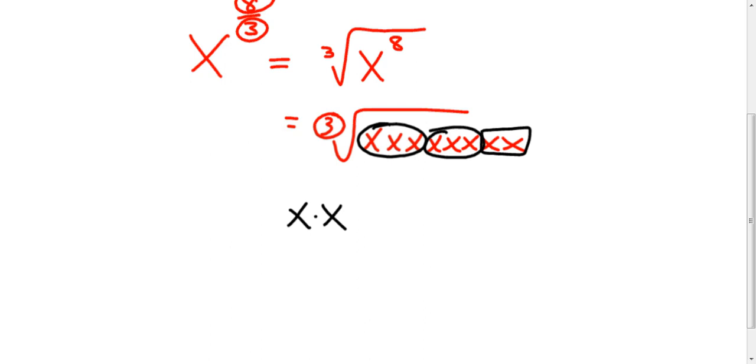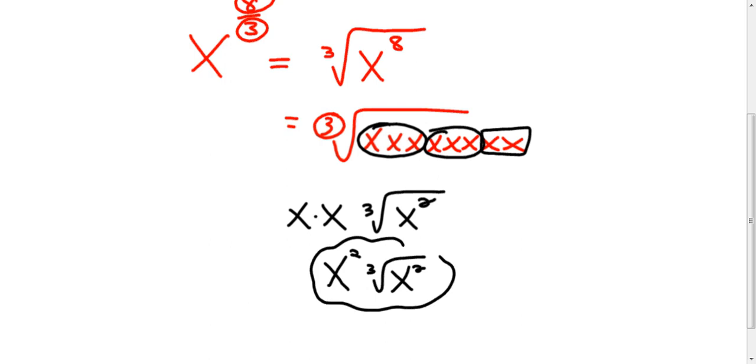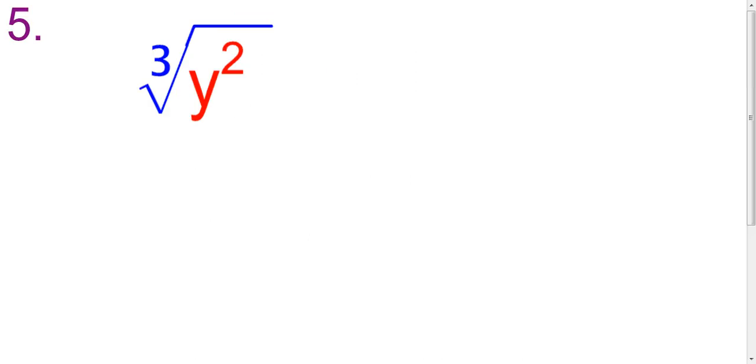These two have to stay inside because they're not in groups of 3. So I would have the cube root of x squared on the inside. And so this, when I simplify all of that, is what I would get. All right, and that is it for this lesson.